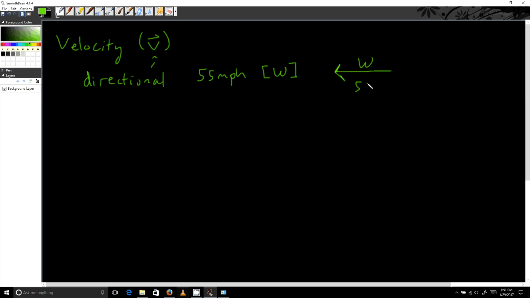And this would be 55 miles per hour. And velocity is simply our displacement over our time. And if you like our triangle that we've been using, here it is. V equals d over t.